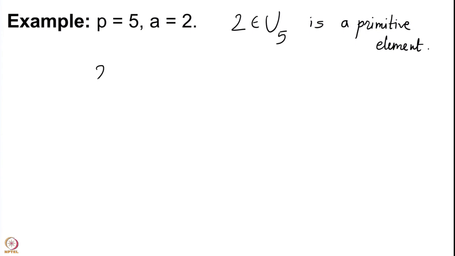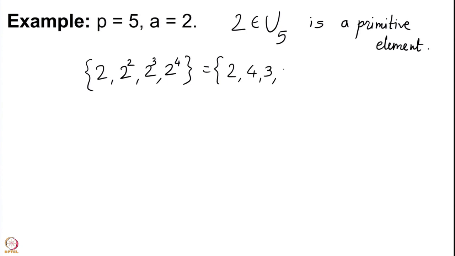This is because 2, 2 squared, 2 cubed and 2 to the power 4, these are all distinct elements you get as a collection, because there can be repetitions. We have 4, then we get 3 and then we get 1. So, this is exactly U_5. So, we have that U_5 is isomorphic to C_4 and it is generated by the element 2.